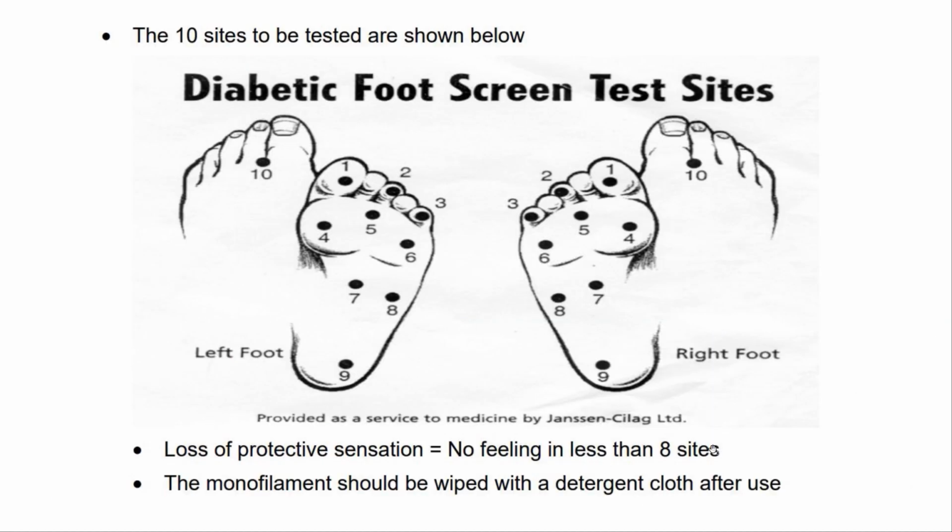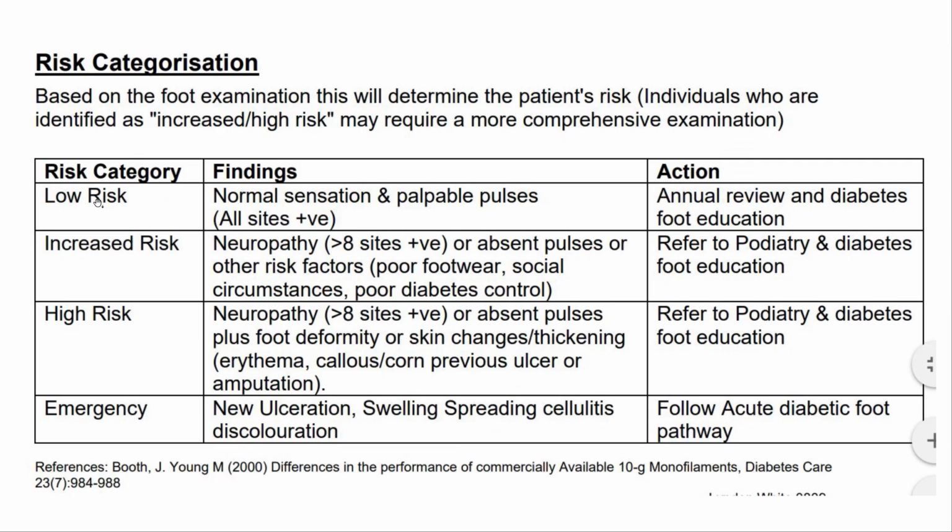The less than 8 sites and greater than 8 sites, my brain can't process what that sentence means. But I looked it up in another guideline, and basically, say 8 of these were positive and 1 didn't have feeling. That's enough to upgrade them from low risk to increased risk. The difference between increased risk and high risk is whether there are skin changes. An emergency is when there's an infection or an ulcer.